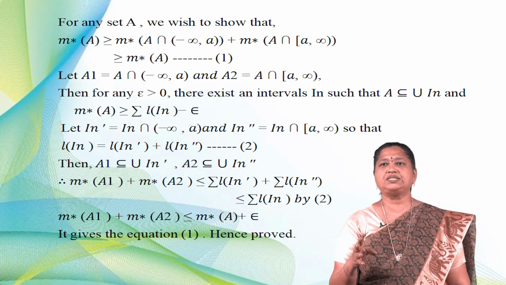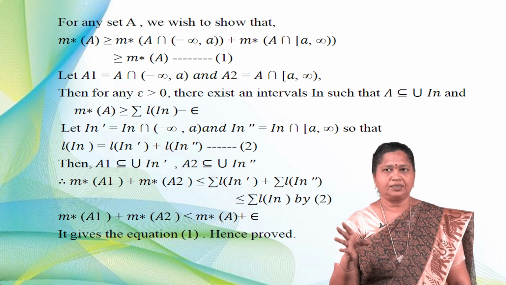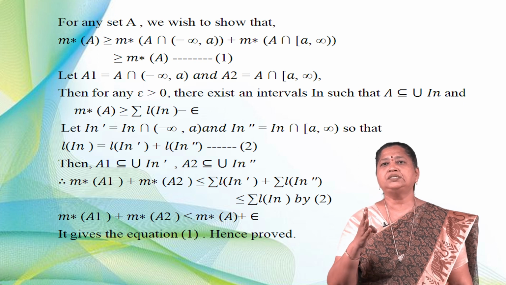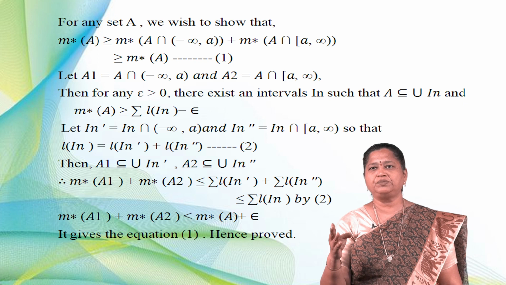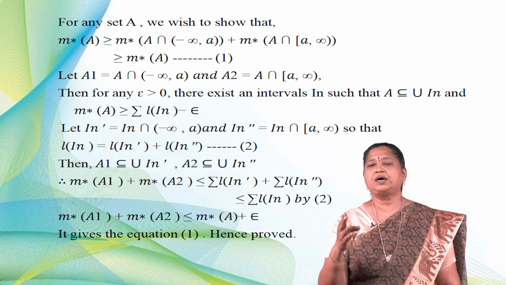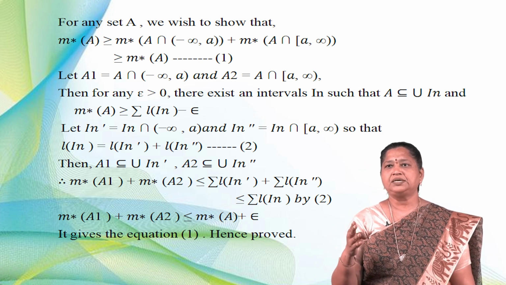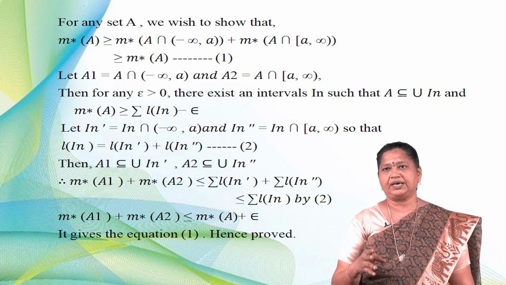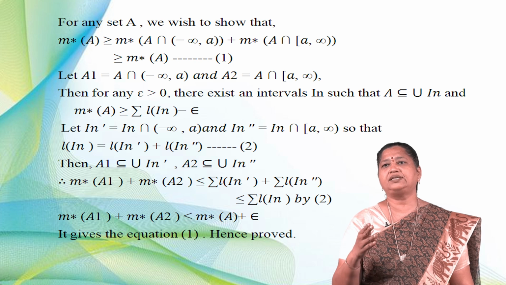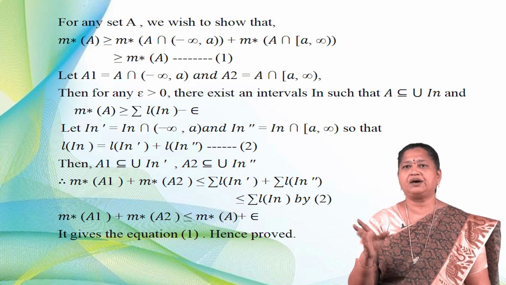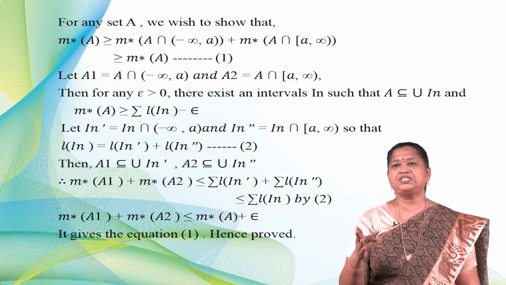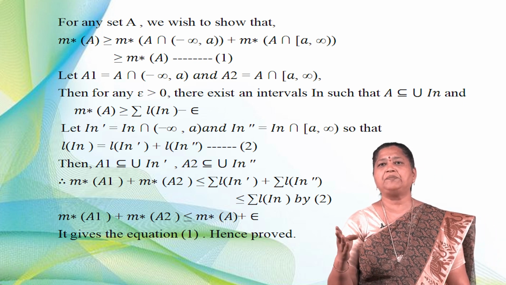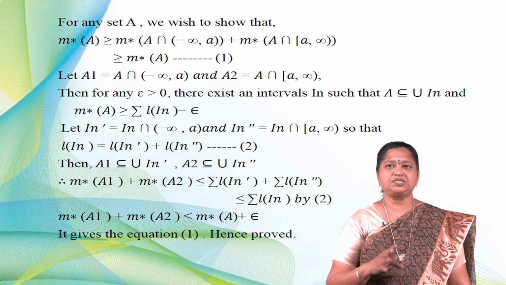So from this, using the measurable set definition, Lebesgue outer measure m star of A1 plus m star of A2 is less than or equal to summation of l of I_n dash plus summation of l of I_n double dash. So by equation 2, this is less than or equal to summation of l of I_n. So m star of A1 plus m star of A2 is less than or equal to m star of A plus epsilon, which gives the proof.